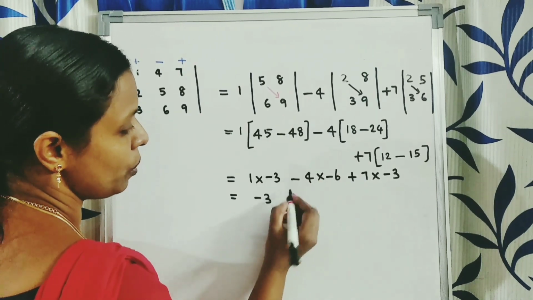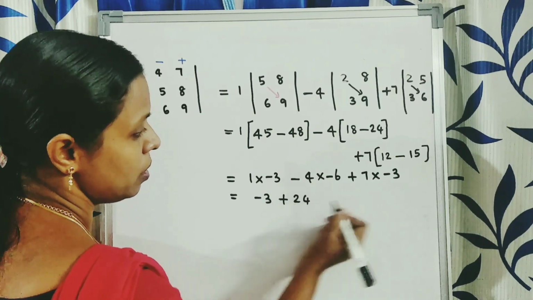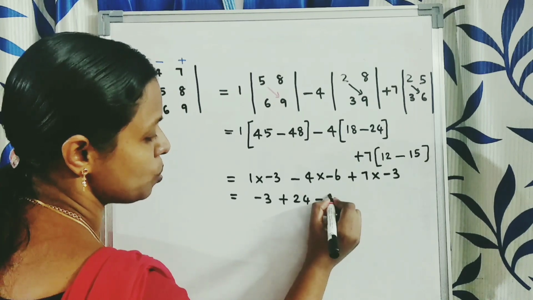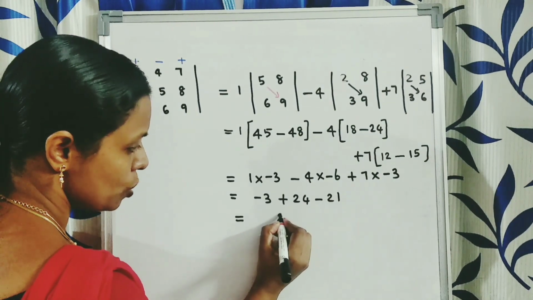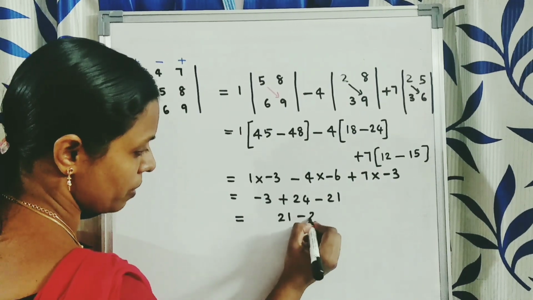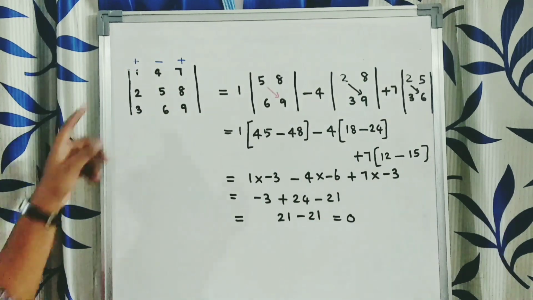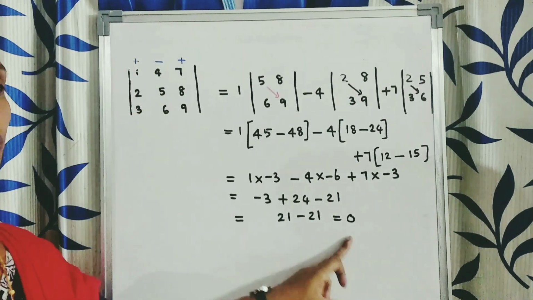Minus 4 into negative 6 gives plus 24. Then 7 into negative 3 is negative 21. Now negative 3 plus 24 is 21, minus 21, we get 0. So the value of the determinant 147, 258, 369 is equal to 0.